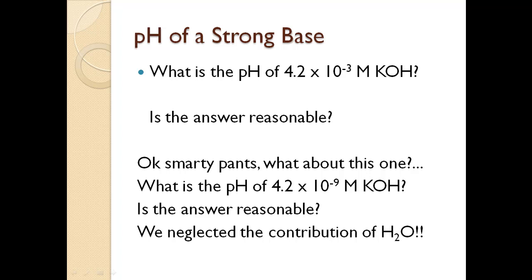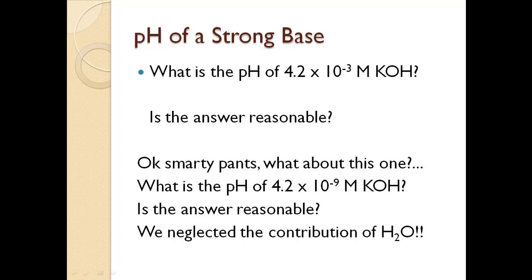So you have to use your equilibrium constant, Kw, to figure out the concentration of H plus. You put 1.0 times 10 to the negative 14th and divide it by the concentration of hydroxide ions, which is what they gave you, and you should get 2.38 times 10 to the negative 12. That's the concentration of your hydrogen ions, so that's what you put into your pH equation. If you do, you get 11.62.